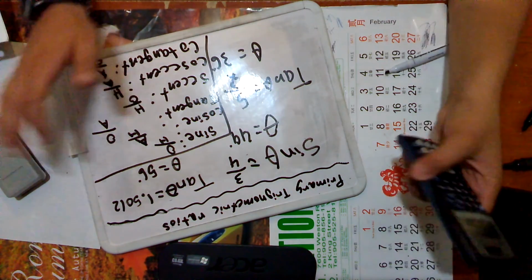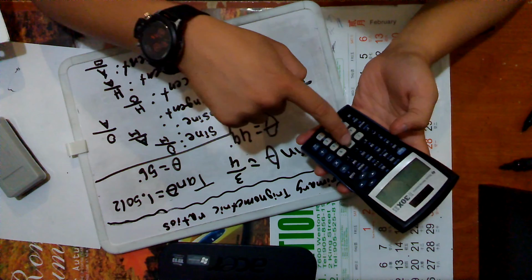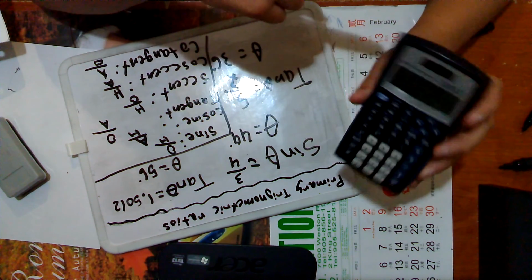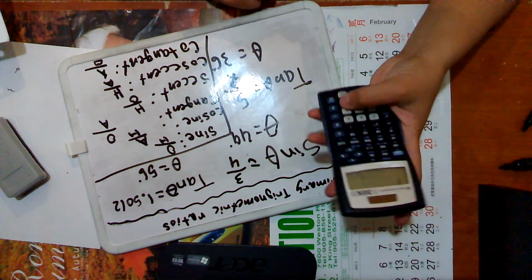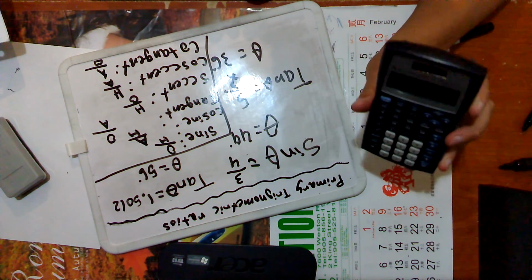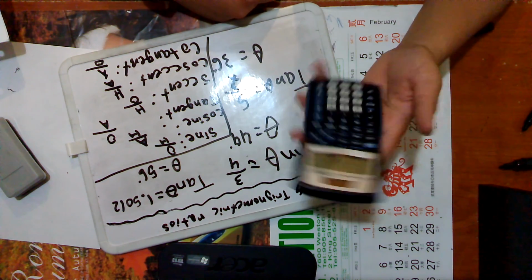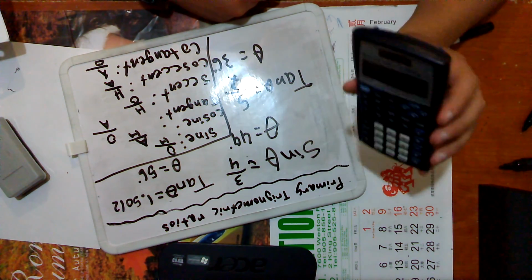Going back, 4 over 3, the opposite of sine, 4 divided by 3, gives you a domain error. Not good. But what is 3 over 4? 0.75. What is the opposite of that? 4 over 3, 4 divided by 3, 1.3.